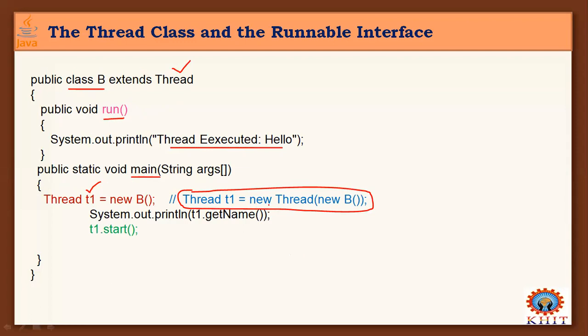Thread T1 equal to new Thread, new B, which means an object of class B. But you can directly give the constructor like this. Using the Thread class, you are creating a thread object, but you are assigning it directly to the constructor of class B. And you are calling getName and start and the run method. Okay, so it also works.